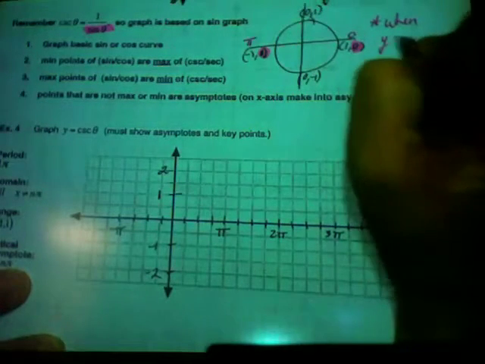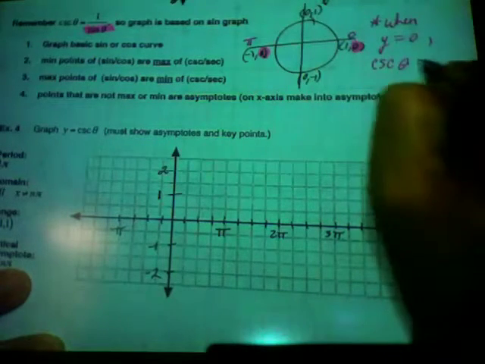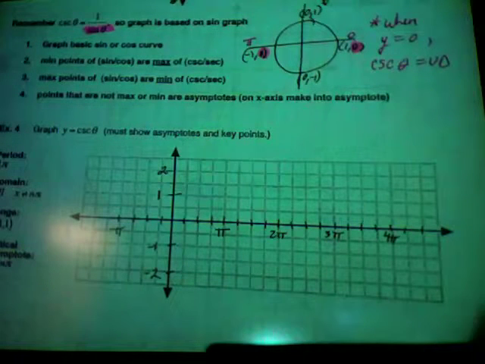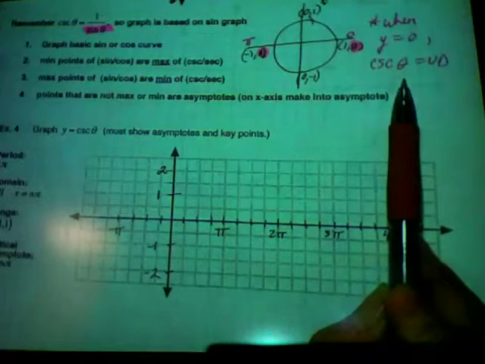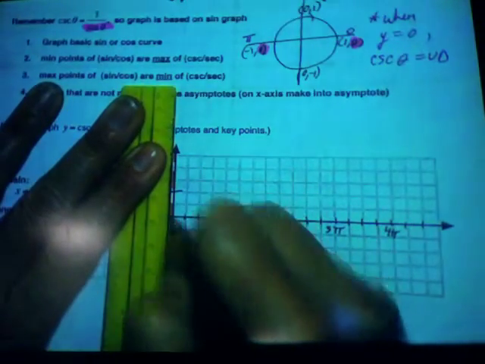So when y equals 0, cosecant of theta is undefined. Make sure you have that in your notes. When y equals 0, the cosecant of theta will be undefined because it's 1 over sine, and sine is y. Does that make sense? All right, so I'm going to put in my asymptotes first. So the first one we found was at 0.